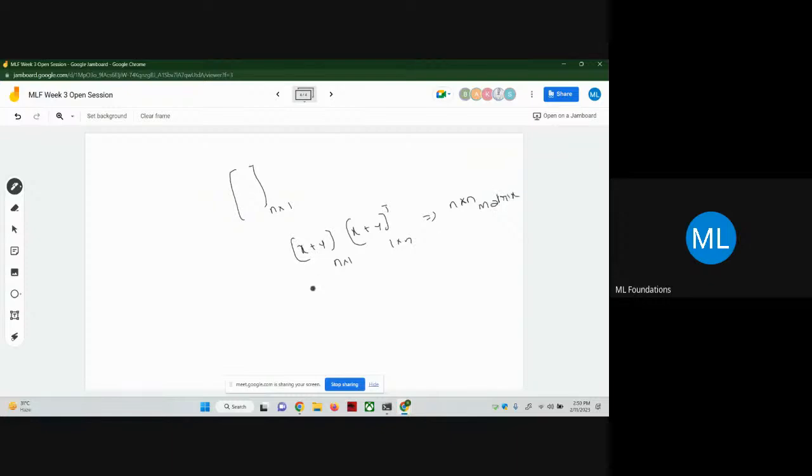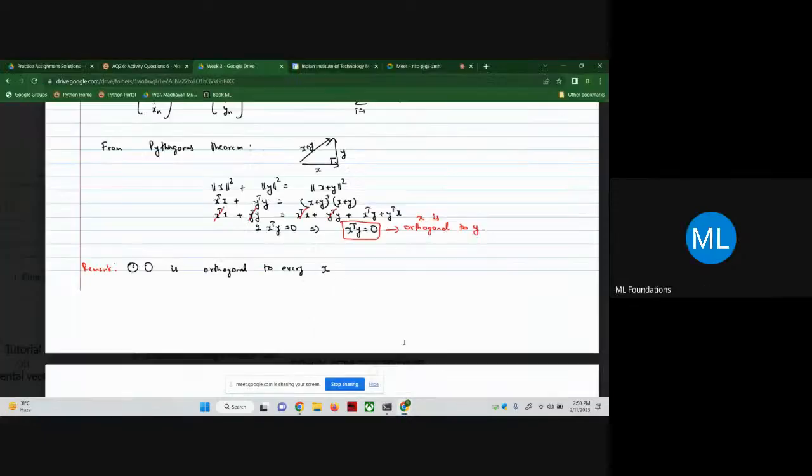But if you write x plus y transpose multiplied by x plus y, you get 1 cross n multiplied by n cross 1, which gives a 1 cross 1 scalar. That's why you should write the transpose first.